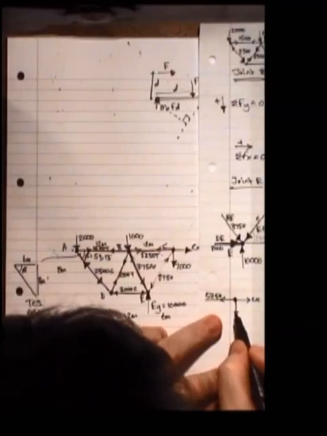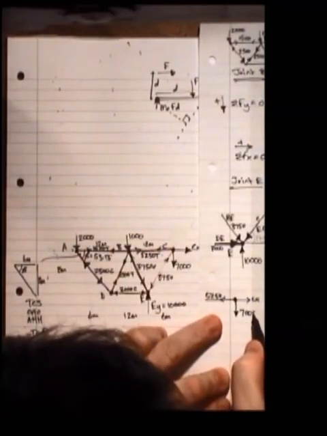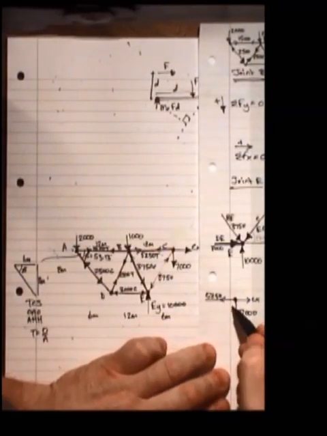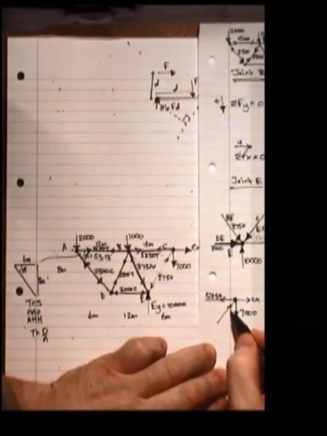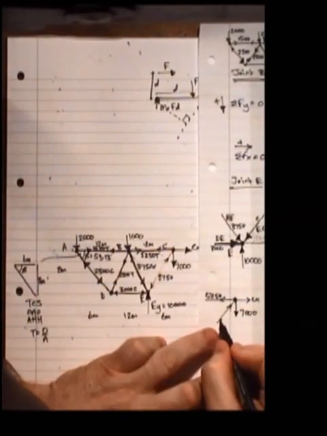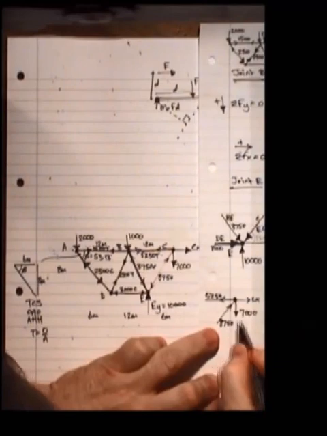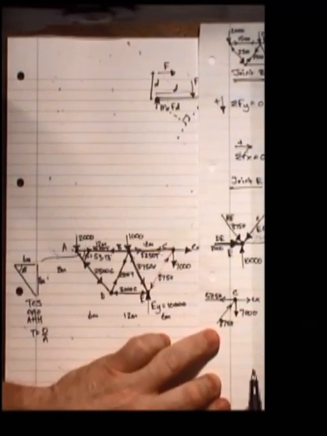We've got 7,000 coming down, which is our CY. And we've got what we just worked out, 8,750. So all of that's at point C.